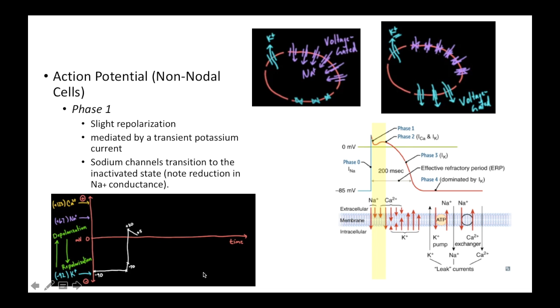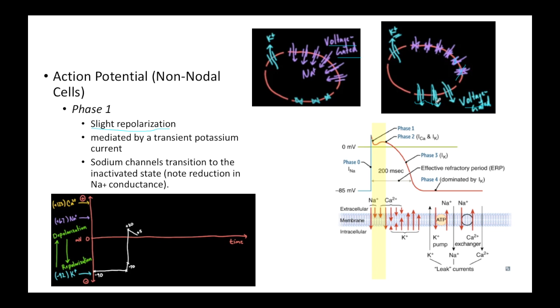And then we have phase one, which is known for slight repolarization, or early or initial repolarization. Lots of different ways to mention this here. And what's happening here is our voltage-gated sodium channels are closing, and our voltage-gated potassium channels are beginning to open.